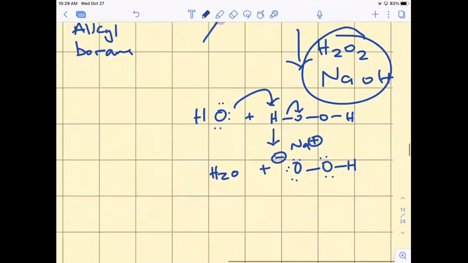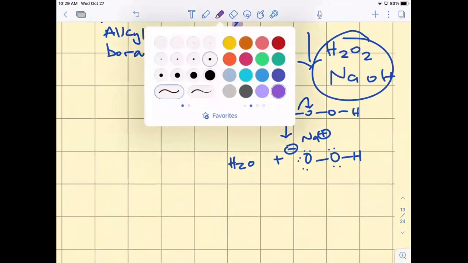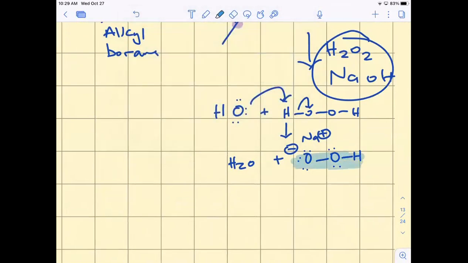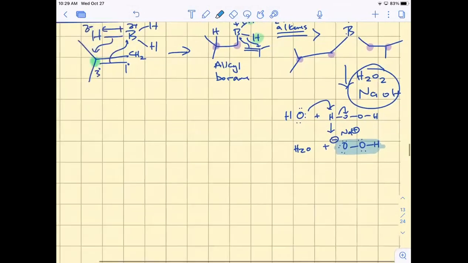Right, so this intermediate right here is really important, because this is where your OH is going to come from. Because again, the end goal is to turn that alkene into an alcohol.